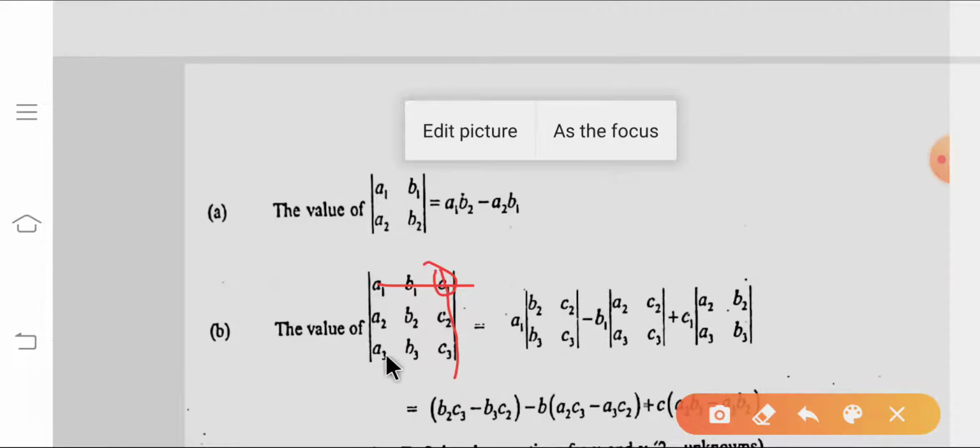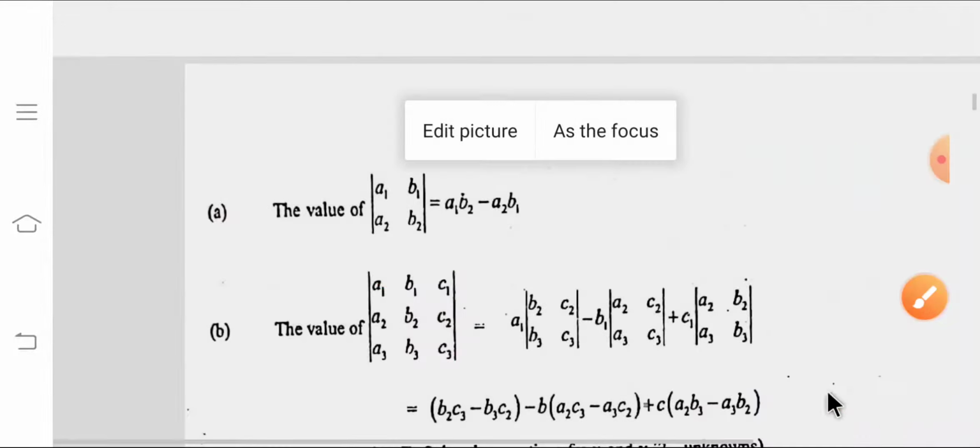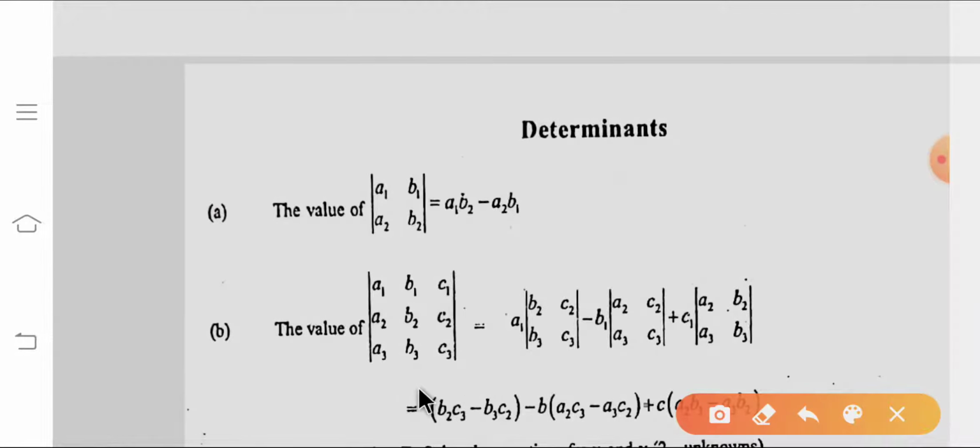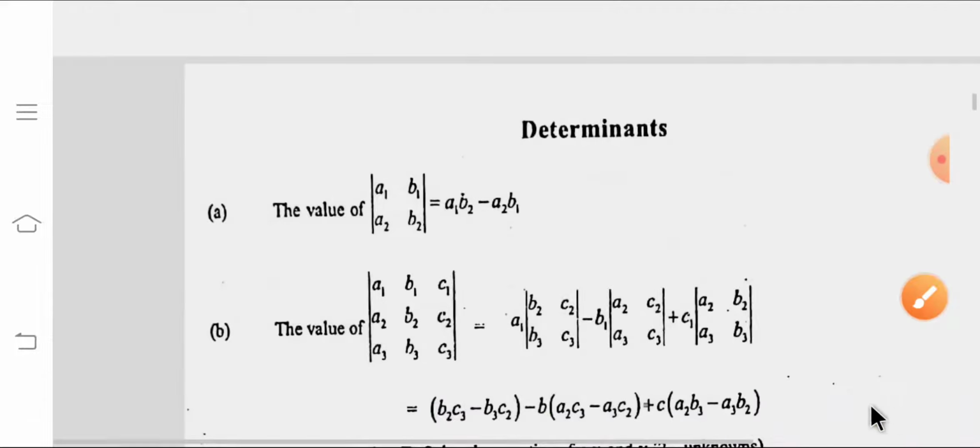So this is equal to A1 into (B2 C3 minus C2 B3), minus B1 into (A2 C3 minus A3 C2), plus C1 into (A2 B3 minus A3 B2).